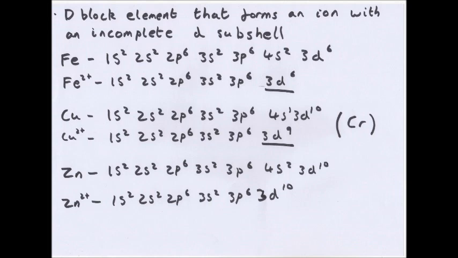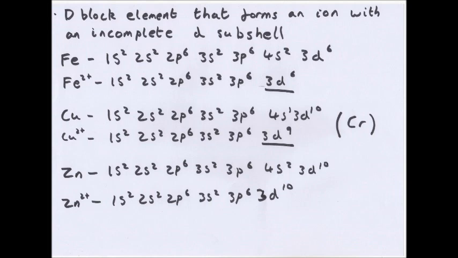Now a few things to remember. When writing electron configurations, 4s comes before 3d, and when you take away electrons, the 4s is emptied first before the 3d. So you'll see here, iron has the electron configuration 1s2, 2s2, 2p6, 3s2, 3p6, 4s2, 3d6.